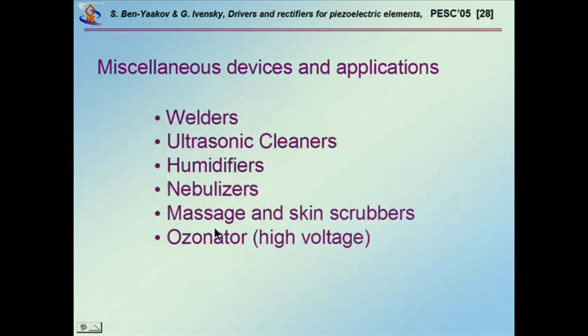Yes? Welders are usually a high power application. Well, these welders are using huge, or large, I should say, piezoelectric elements, and they are running in the hundreds of watts power.